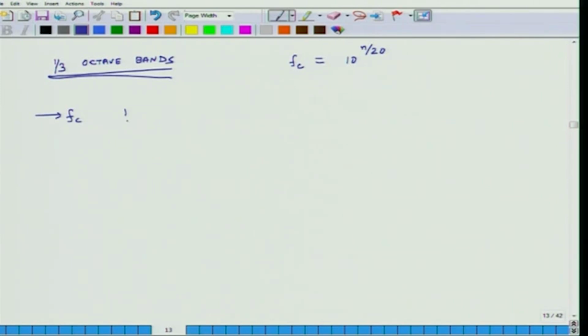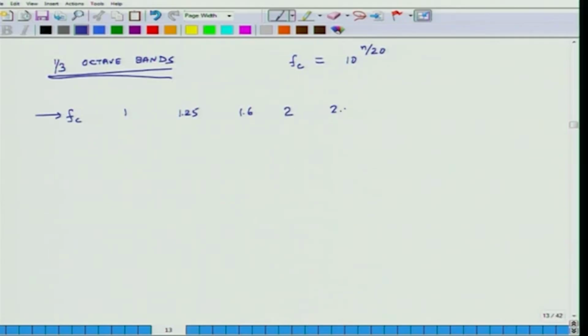So when n is equal to 0, FC is 1, okay. When n is equal to 2, this thing is 1.25. When n is equal to 3, this is 1.6. N is equal to 4, this is 2, okay. So I will write down these values.